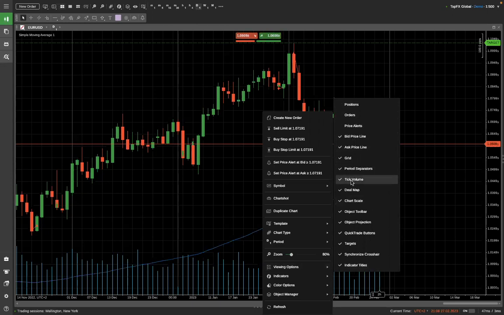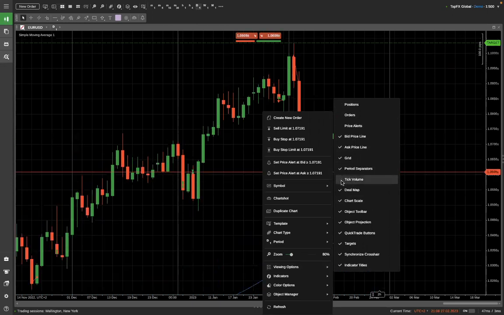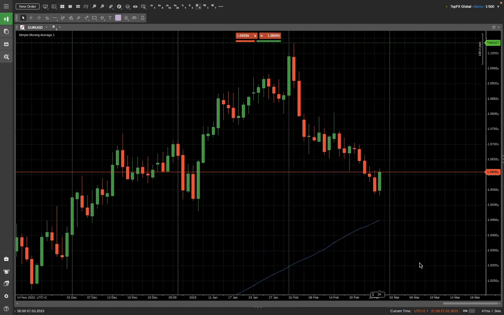Tick volume, we can remove this one as well. There's no volume because we will talk about it during our other meeting. I think that's about it. We don't need anything else. The grid and the period separators are okay. The deal map we are going to get rid of, and there you go. We now have a better chart.